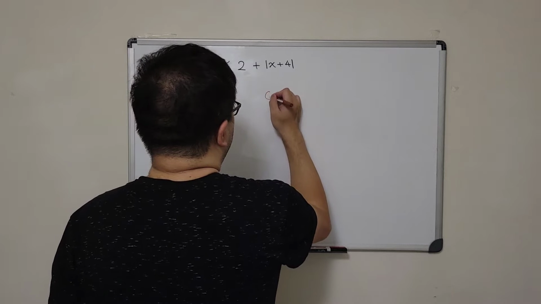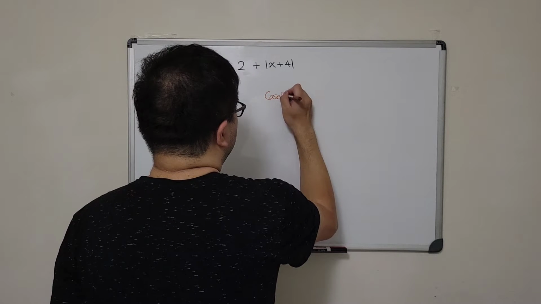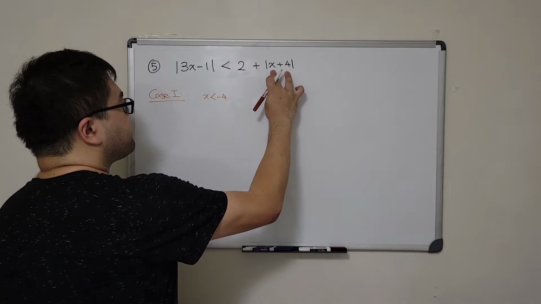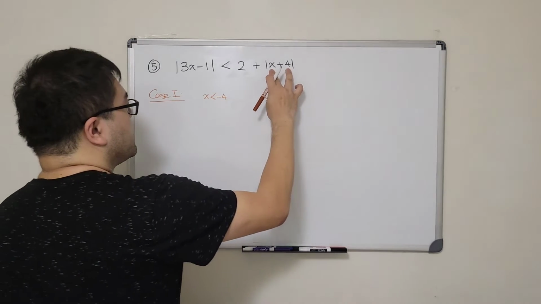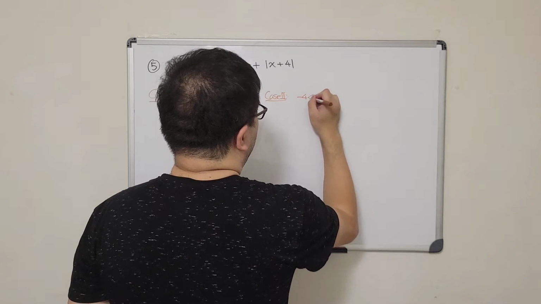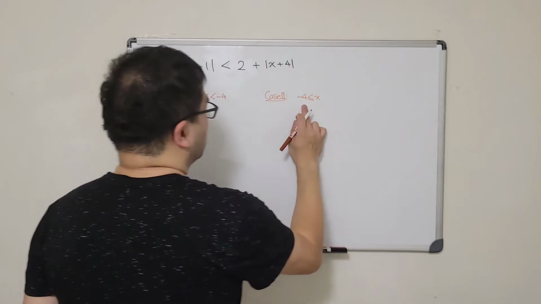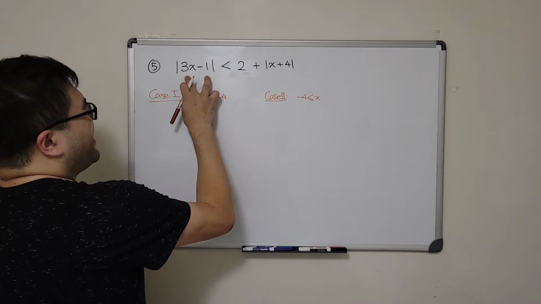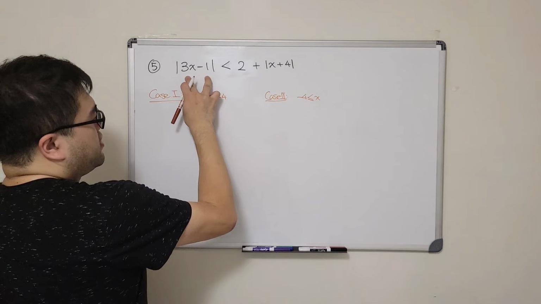Then case 2, I'm going to set this to be greater than or equal to 0. But in this case, if this is greater than or equal to 0, we have x is greater than or equal to negative 4. At the same time, it's possible that this is still less than 0, but also greater than 0.